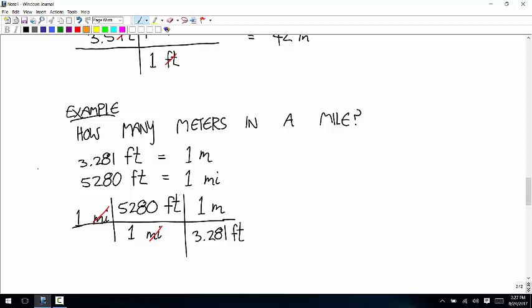And if I cancel the feet, I can see that the only units I have left are meters, so that's what we wanted. And now we can just multiply out the numbers. And depending on if I didn't round off too much, this comes out to be about 1,609.344 meters.